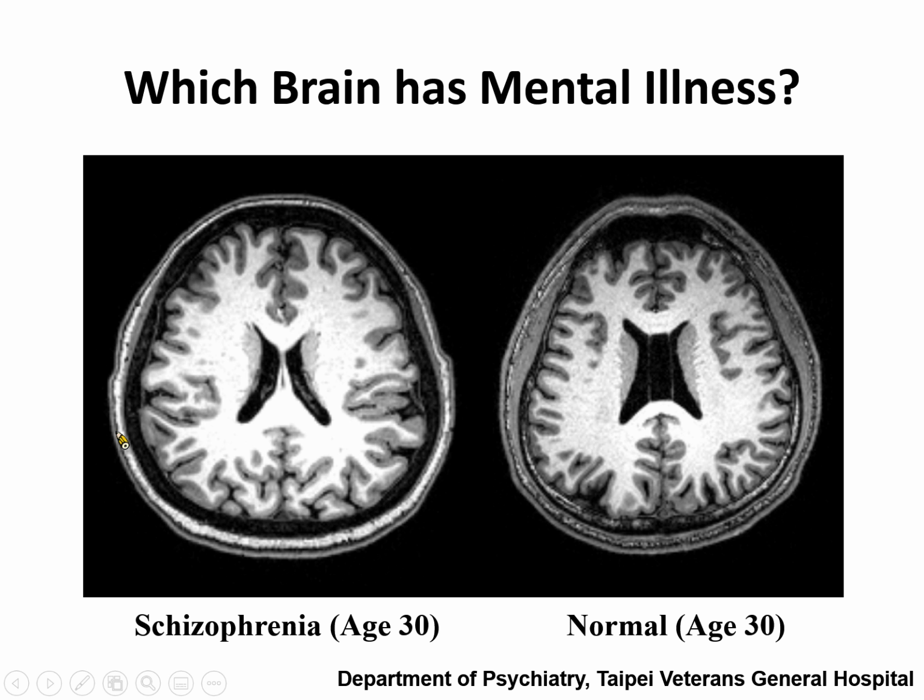You can see that there's no significant brain atrophy in this schizophrenia patient. In the right one, you may think there is brain atrophy, but that is only a normal variation of healthy people.